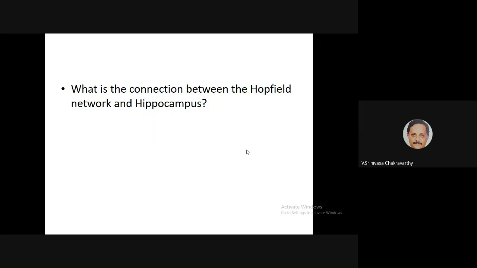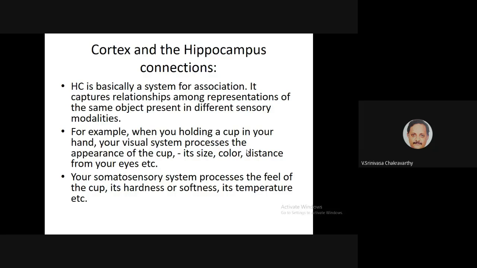So now let us come to the hippocampus. What is the connection between the Hopfield network and the hippocampus? The hippocampus is basically a system for association because it's a memory system, and we know that human memory is an associative memory. It seems to be able to capture relationships among representations of the same object present in different sensory modalities. Suppose I'm holding a cup.